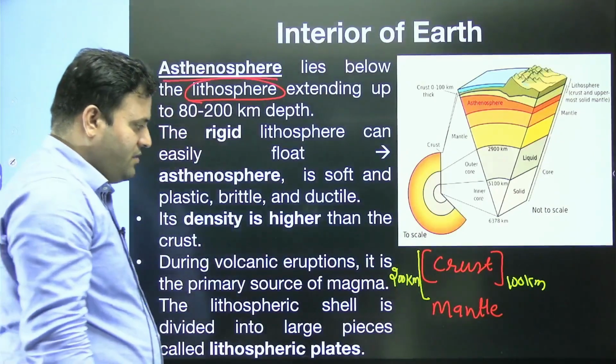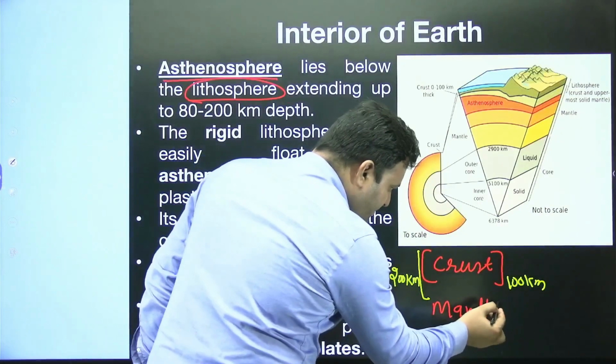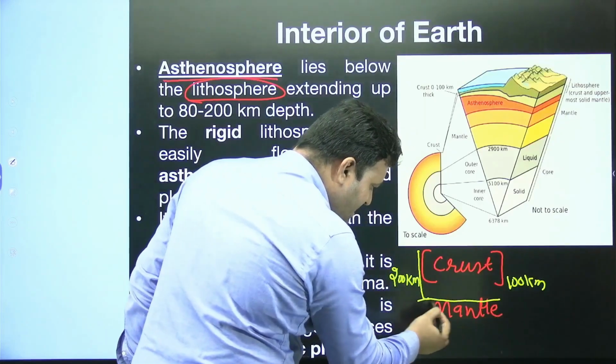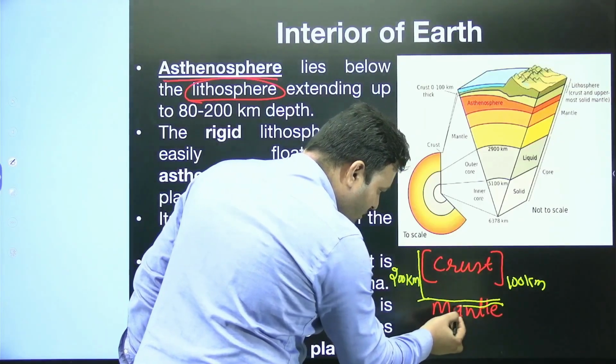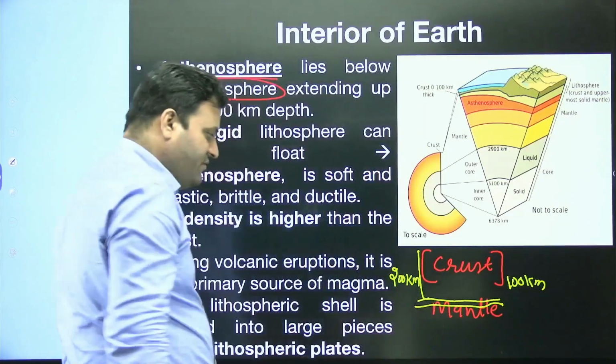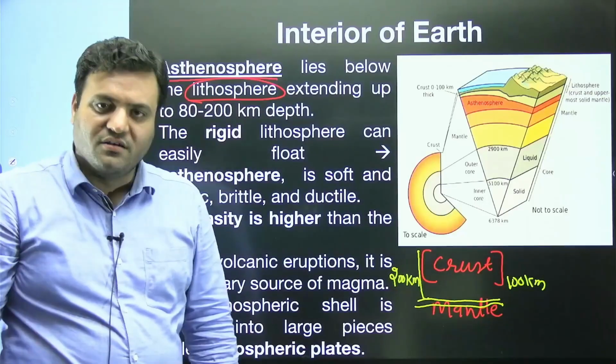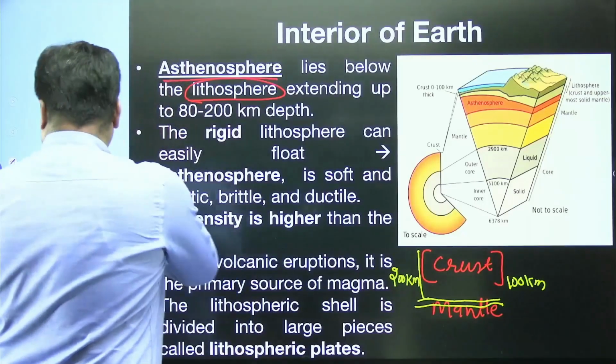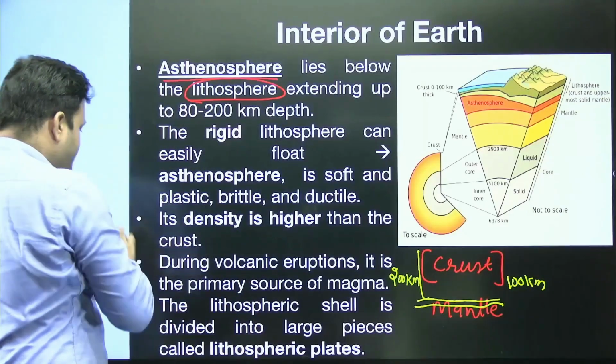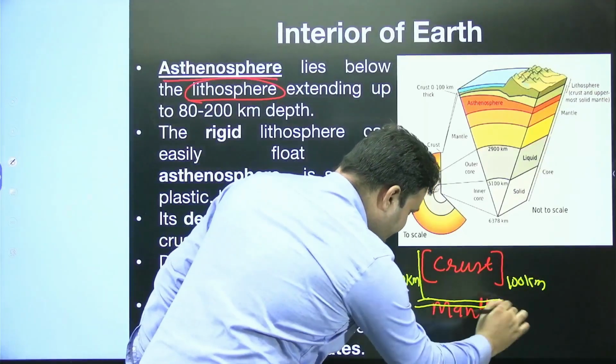Okay, and here in the mantle itself we have one specialized transition zone, and this transition zone is known as asthenosphere.